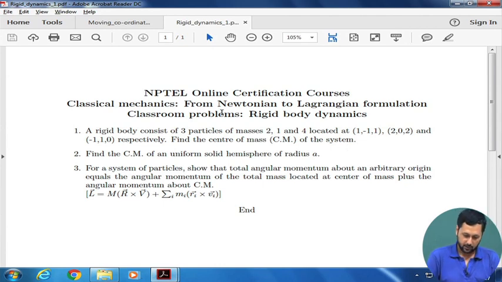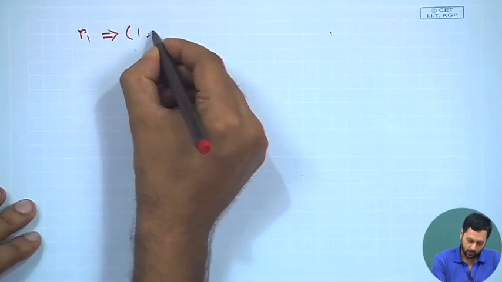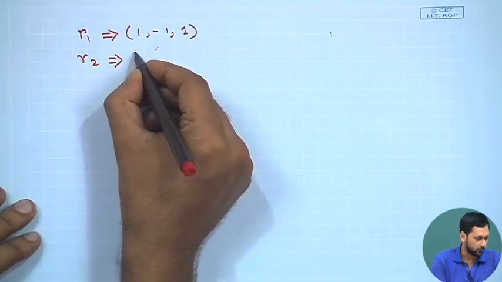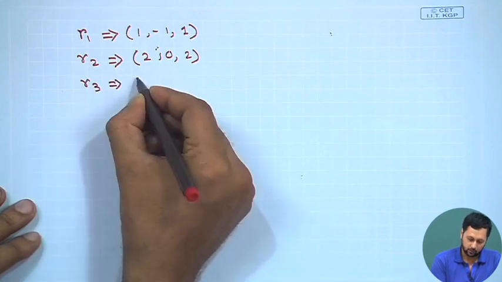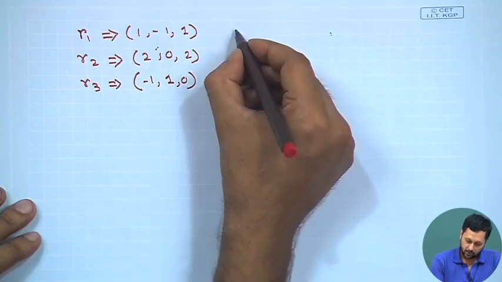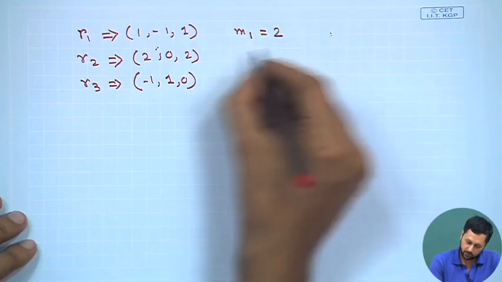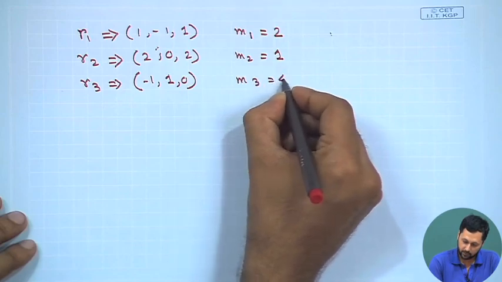So what is given? We have some coordinates. We know that R1 is equal to (1, -1, 1), R2 is equal to (2, 0, 2), R3 is equal to (-1, 1, 0), and we have mass M1 given by 2 units, M2 given by 1 unit and M3 given by 4 units.